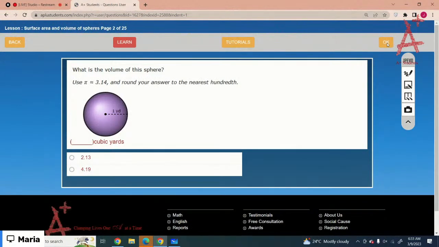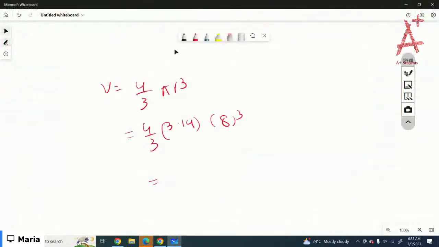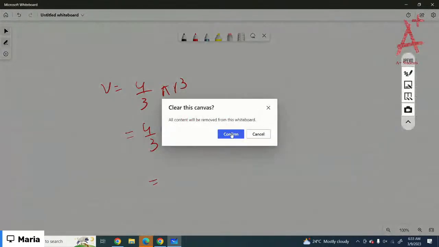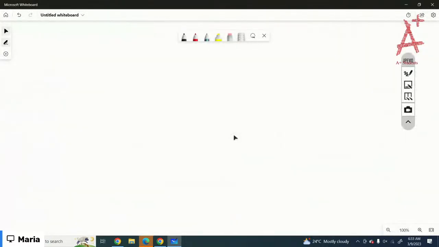What is the volume of the sphere? You have radius 1 yard. You have to use the same formula, V equals 4 by 3 pi r cube. So 4 by 3, pi is 3.14, r is 1.